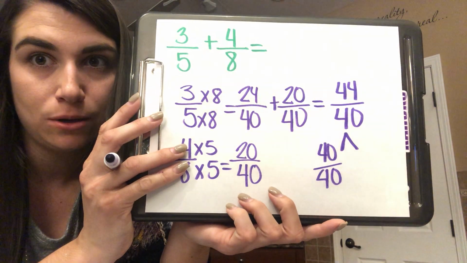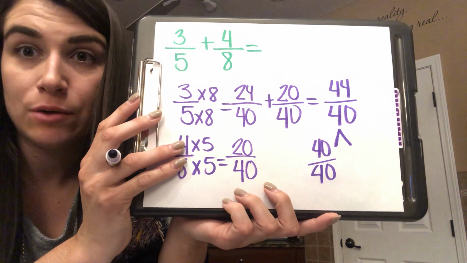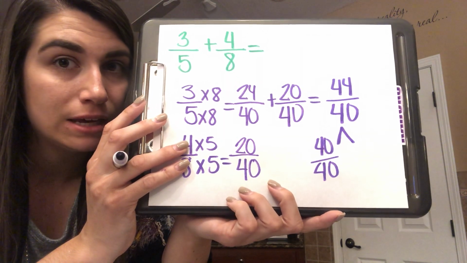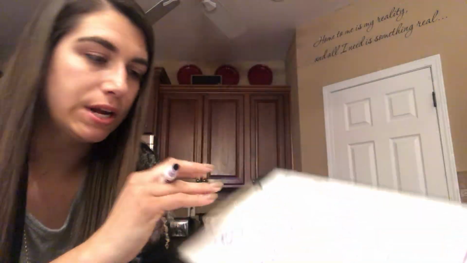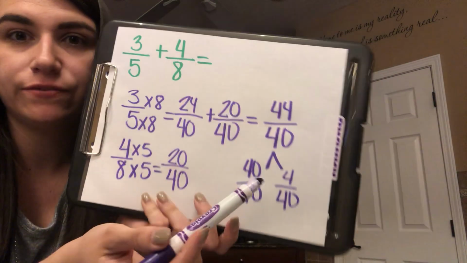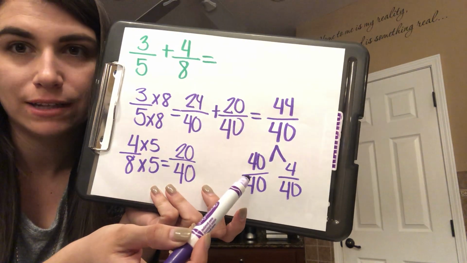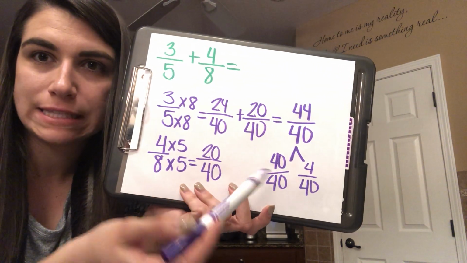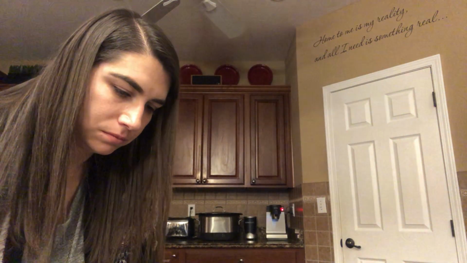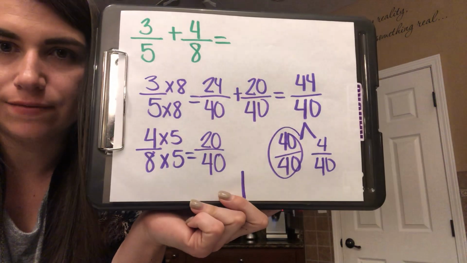And the whole number, even all the way at 40, is 40/40. And then what's left over, 44 minus 40, is 4/40. So this 40/40, oh, that sounds funny, 40/40 is going to give us 1 whole. And then what's left over is the 4/40.